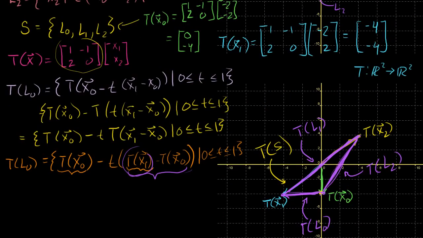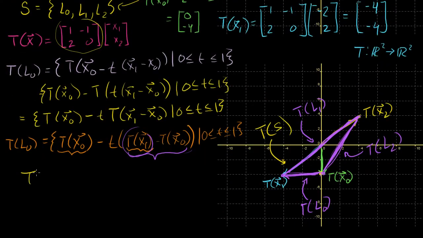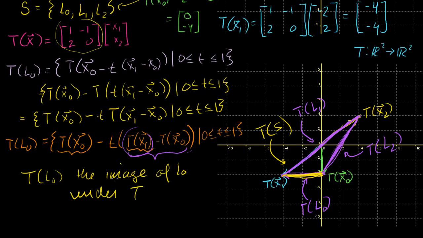The transformation of L naught is a set of vectors. Sorry, L naught was this set. It was the set of vectors in our codomain that specified these points. This is called the image of L naught under T. And it kind of makes sense, right?